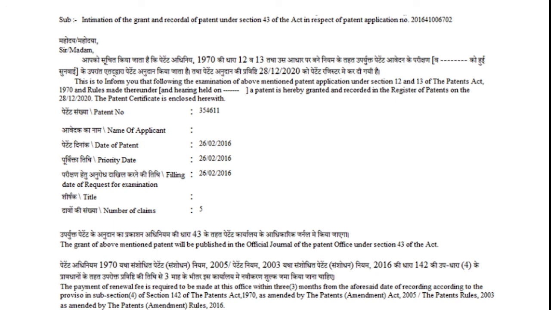Finally, the grant of the above-mentioned patent will be published in the official journal of the patent office under section 43 of the Act. Likewise they give the grant to you.